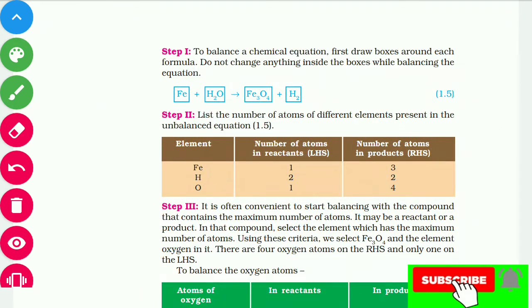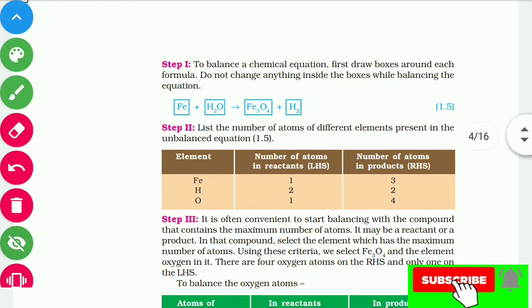Next example is Fe plus H2O gives Fe3O4 plus H2. In this you have to look at the LHS and RHS. Fe on the LHS is 1, on the RHS is 3. Hydrogen is 2 on both sides, balanced.